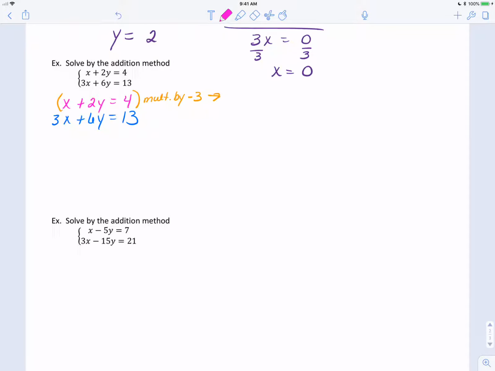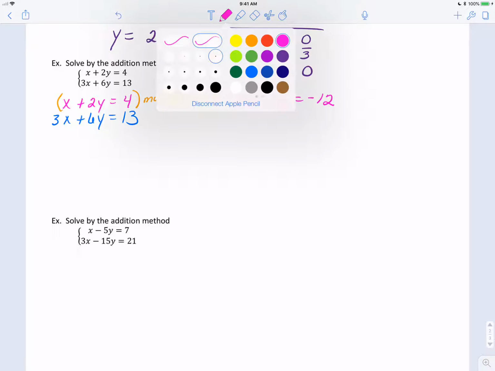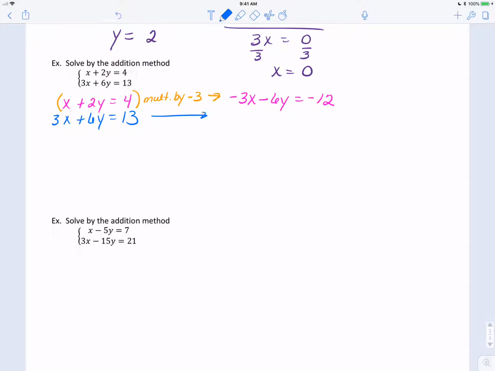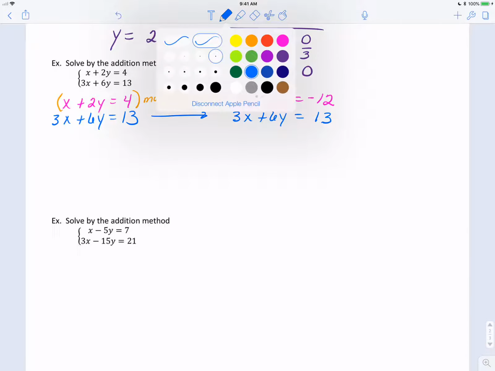To make that a negative 3x, and then a positive 3x on the bottom. So let's see, that gives us negative 3x minus 6y is equal to negative 12. Then I'll recopy this one, and I get 3x plus 6y is equal to 13.